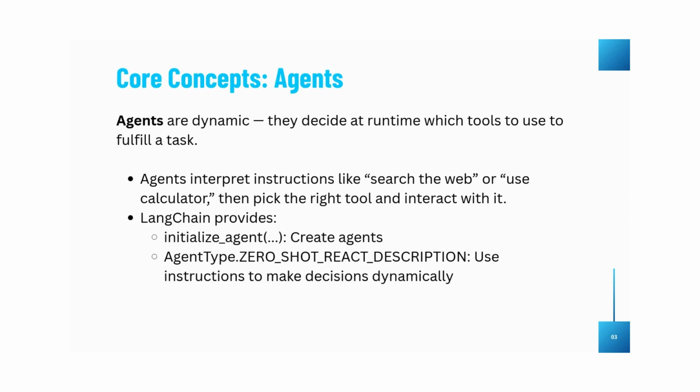Now that you have learned about chains, let's take it one step further and talk about agents in LangChain. What are agents? Unlike chains, which follow a fixed sequence, agents are dynamic. They make decisions on the fly, choosing which tools to use based on the user's input.